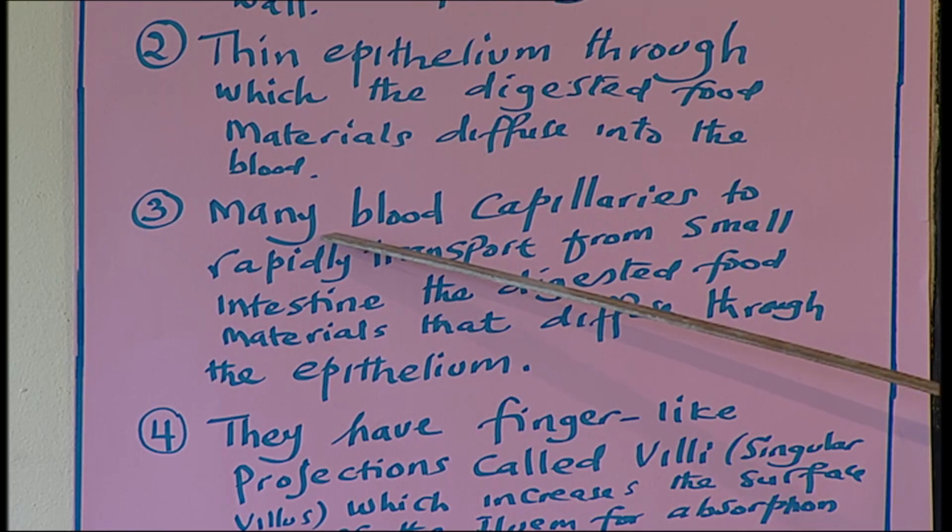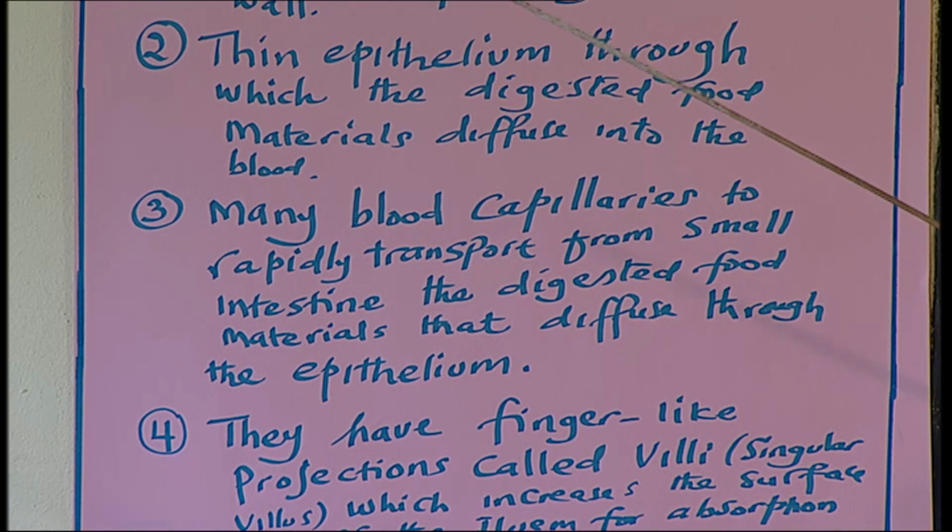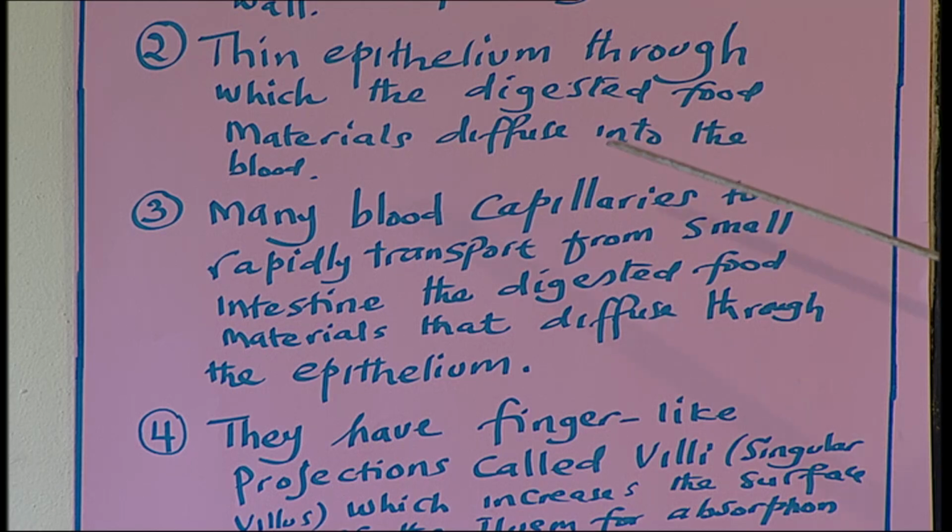Number three, it has very many blood capillaries, a dense network of blood capillaries. As there is a network of blood capillaries, that facilitates rapid transport from the small intestine of the digested food materials that diffuse through the epithelium.